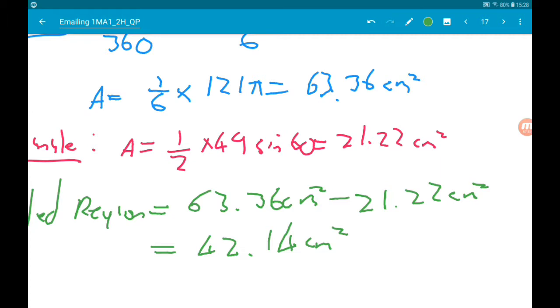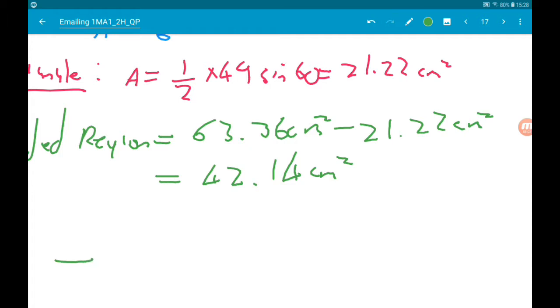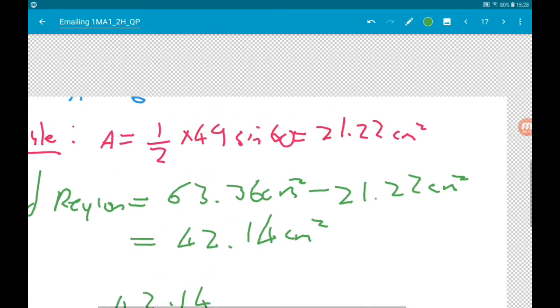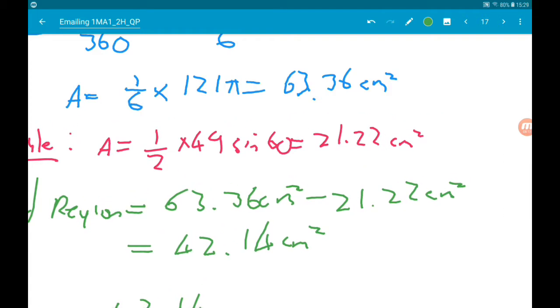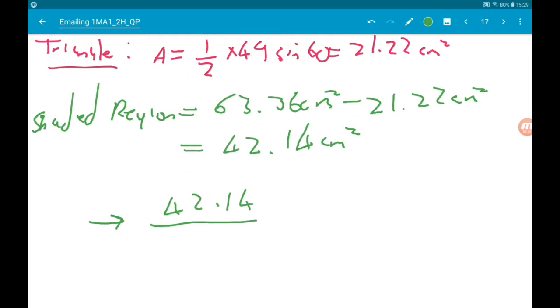Now, as a percentage of the sector, think of it as a fraction. So we get 42.14 over 63.36.